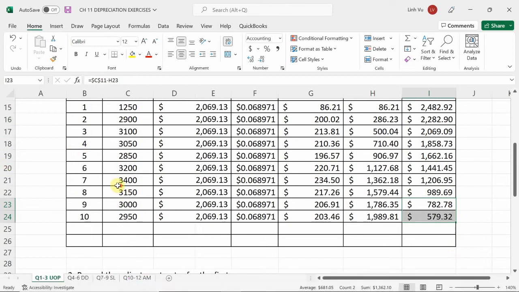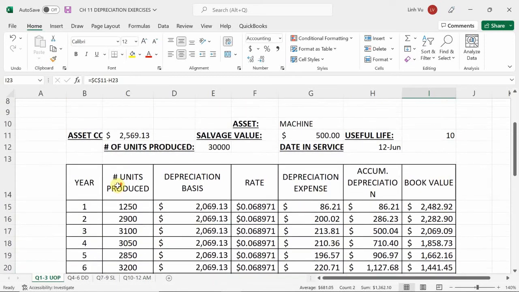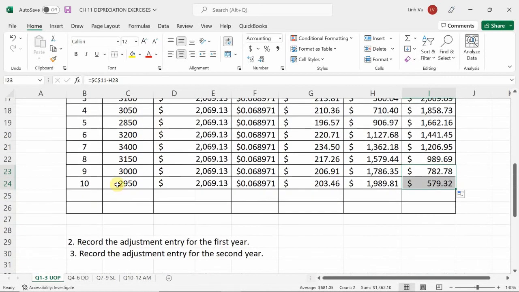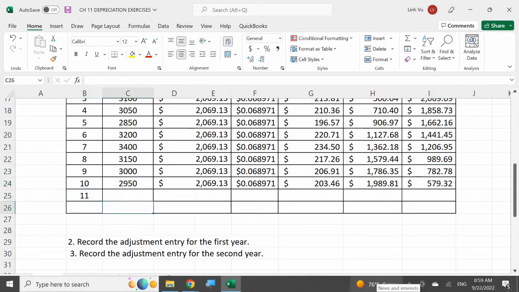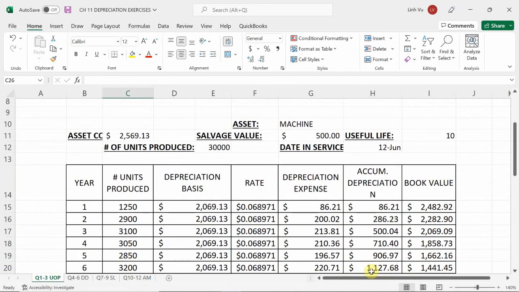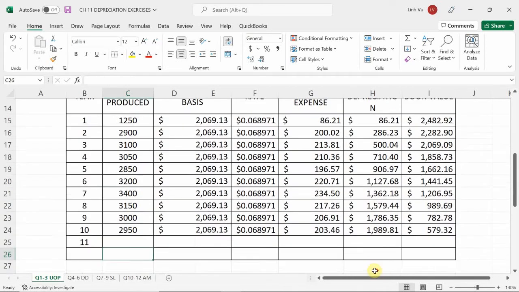Can I go for another year? Yes. Okay. How much can I keep going for another year for? The same salvage value. Okay.